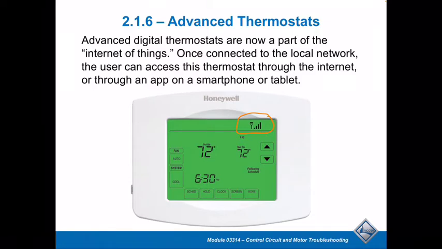There are some versions out there that don't require the common, but those are considered power stealing thermostats, and they tend to use part of the circuitry of the non-operating systems as their common. So they might use the W or the Y or the G circuit to complete the circuit, and that's how they do that. So a person has to be somewhat careful on some of those things.